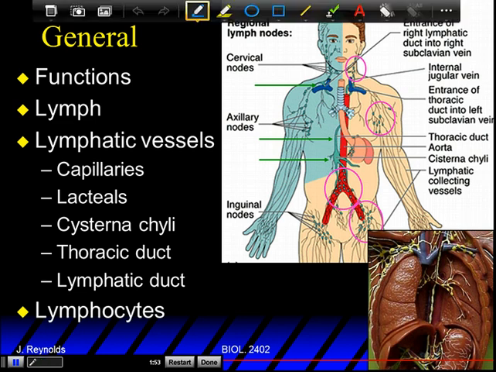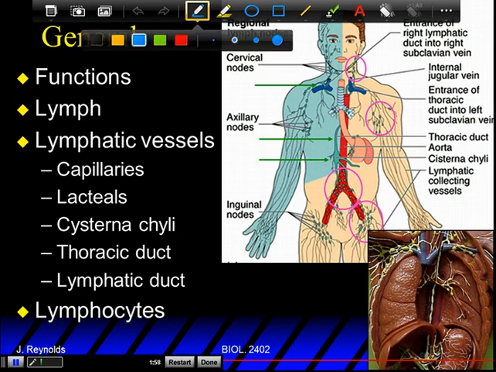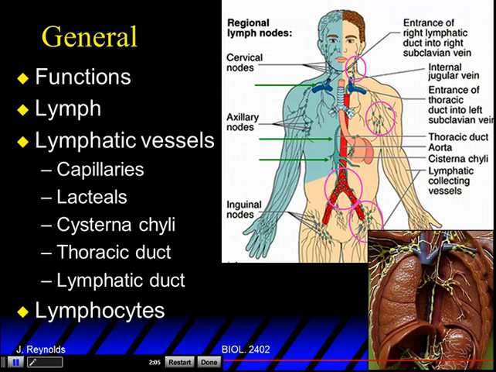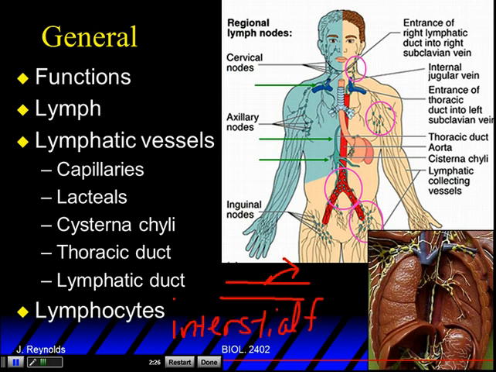So remember that we've already talked about this. Let me choose a red color here. You've got a blood vessel here, and remember we talked about plasma leaking out, but when the plasma leaks out, it's now called interstitial fluid.